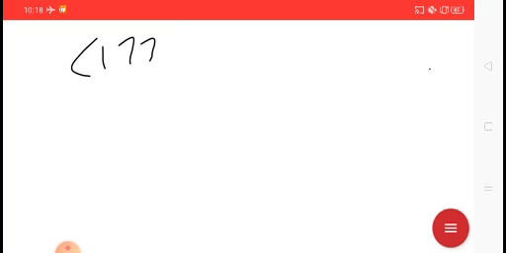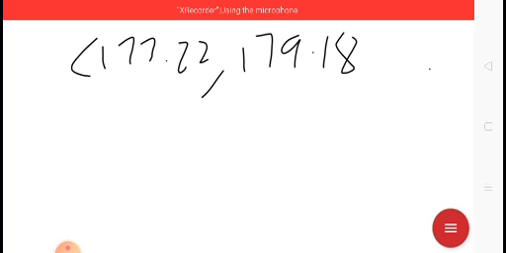Now they want you to calculate back. This is a backward calculation. Based on the confidence interval 177.22 and 179.18, you know that this one is the lower boundary and the other is the upper boundary.